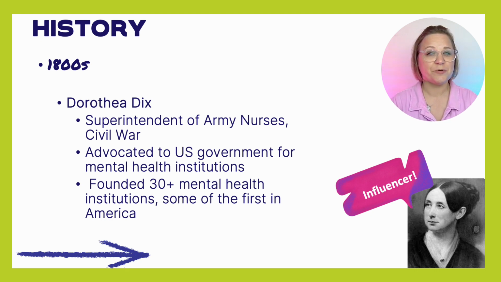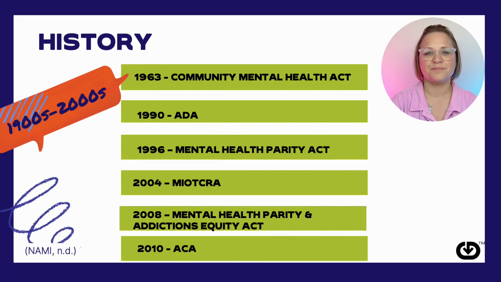Dorothea Dix was the superintendent of Army nurses in the Civil War, but she's most known for advocating to the U.S. government for mental health institutions. In fact, she is known for founding over 30 mental health institutions, and some of them being the first ever in America.